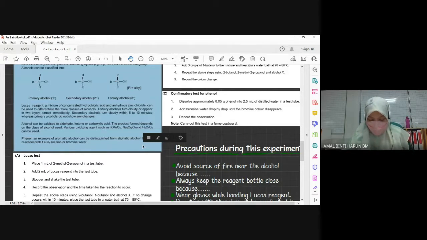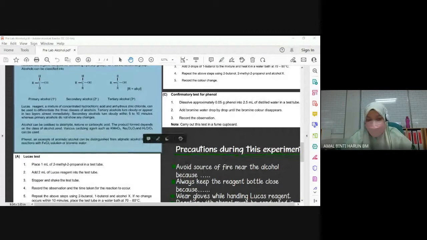Tengok soalan pre-lab. Sekejap ya, mana dah saya punya meet ni.